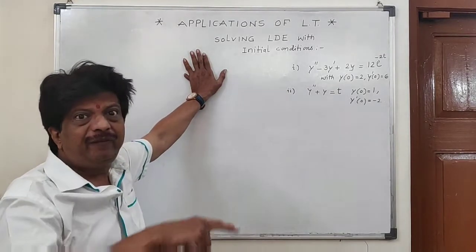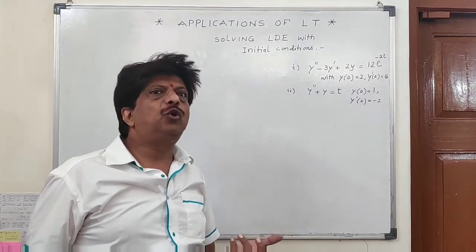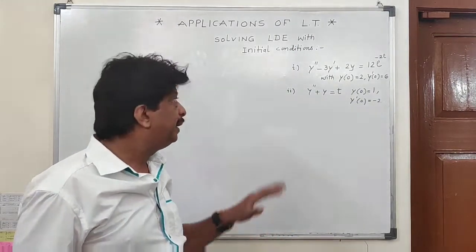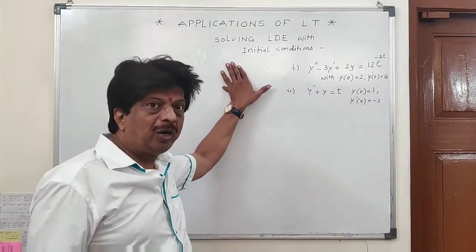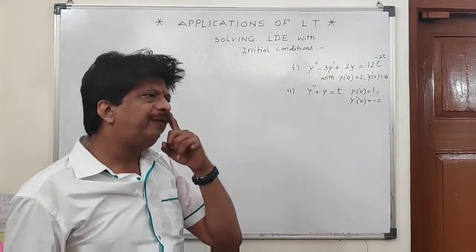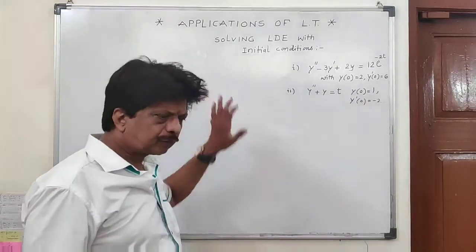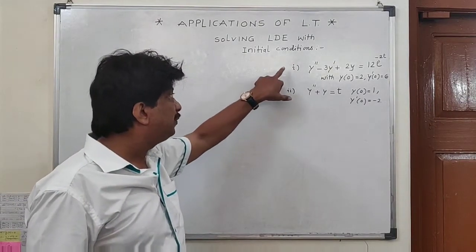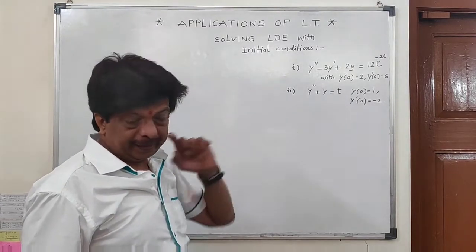Not every linear differential equation with initial conditions is so simple. Some of the examples are easily solved by using this theory of Laplace transform. So, in solving linear differential equations with constant coefficient, what is the method?